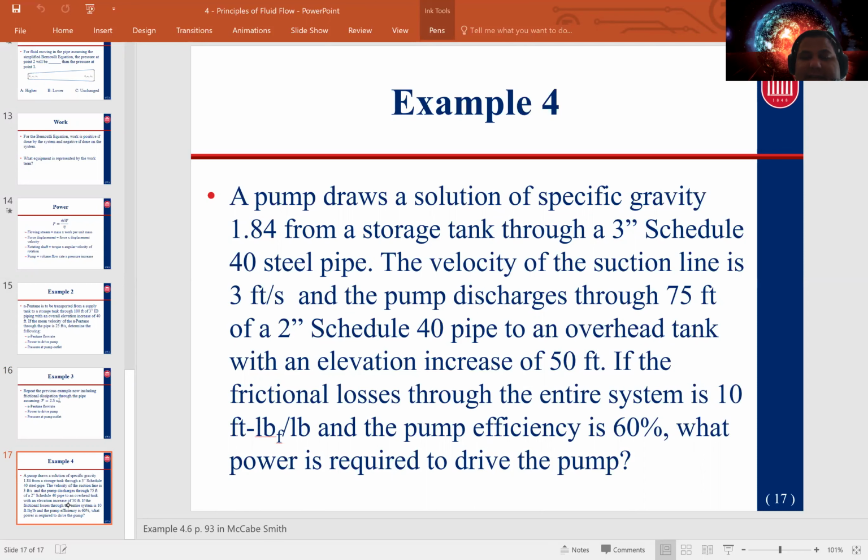And so, if the frictional losses to the entire system is 10 foot-pounds per pound, and the pump efficiency is 60%, what power is required to drive the pump? So this one's a little trickier. So we'll look at working on this one together and see what we can come up with.